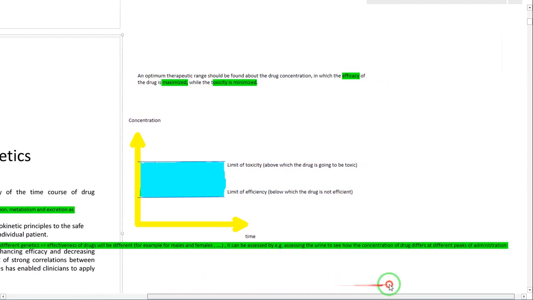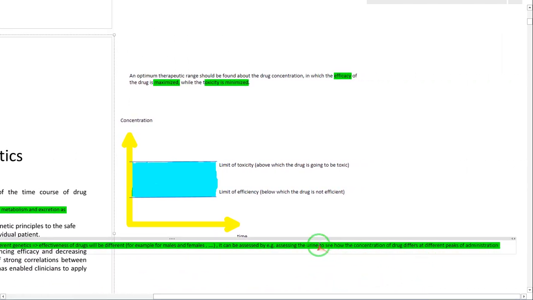For example, if we assess the urine that we get from the patients, we can assess the different amount of drugs that have been excreted from the body when we have applied a certain amount of drug.